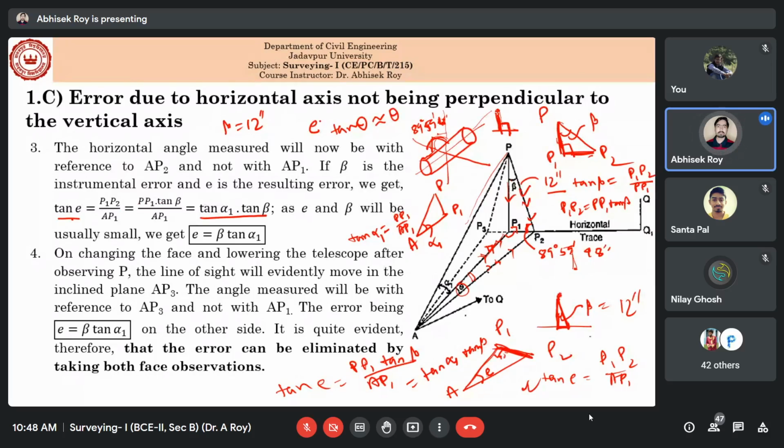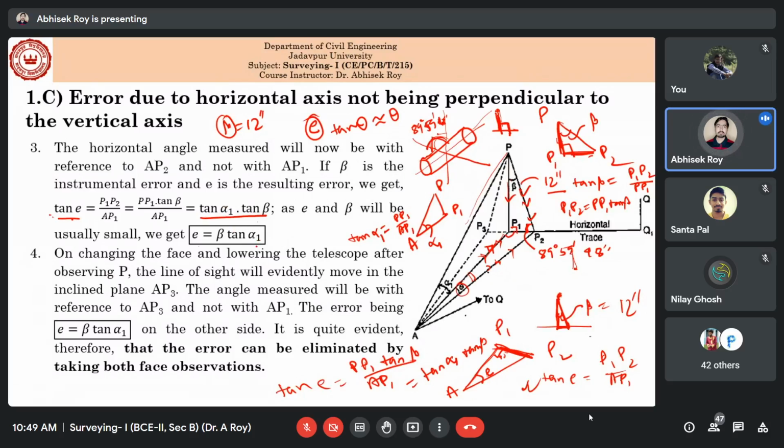Due to that, as E and beta are both very small, we can write E instead of tan E and beta instead of tan beta. So in this way we have approximated the equation tan E equals tan alpha 1 tan beta to E equals beta into tan alpha 1.